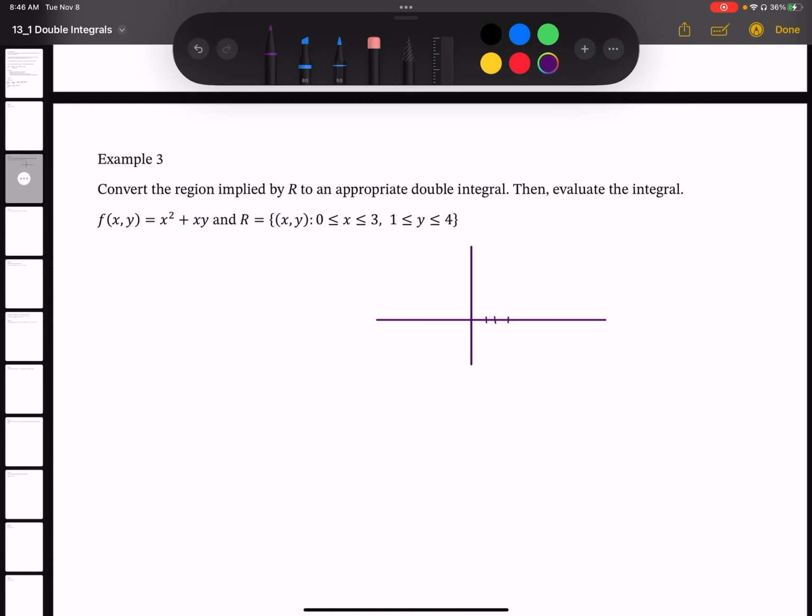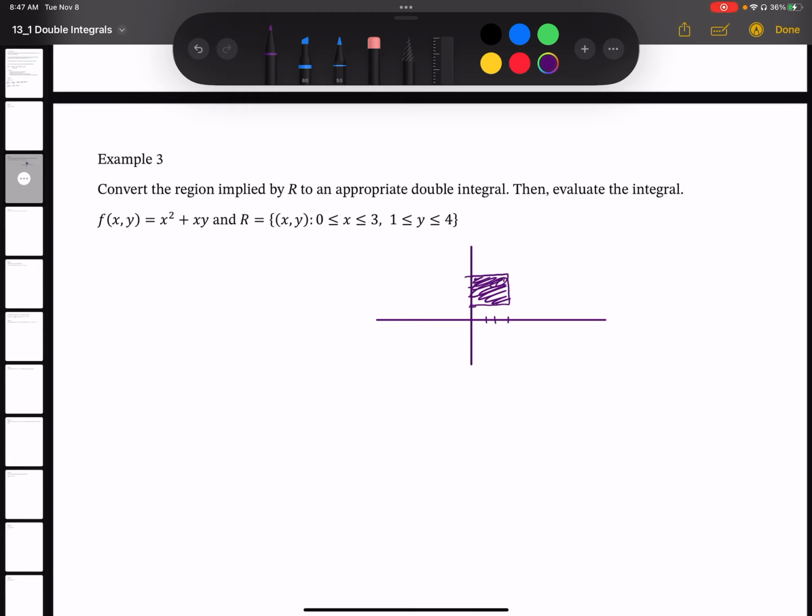We could graph it, but we're not very interested in seeing the graph. So what we're doing is integrating over a region bounded on that interval, x squared plus xy, and it would have some height above or below the xy plane.